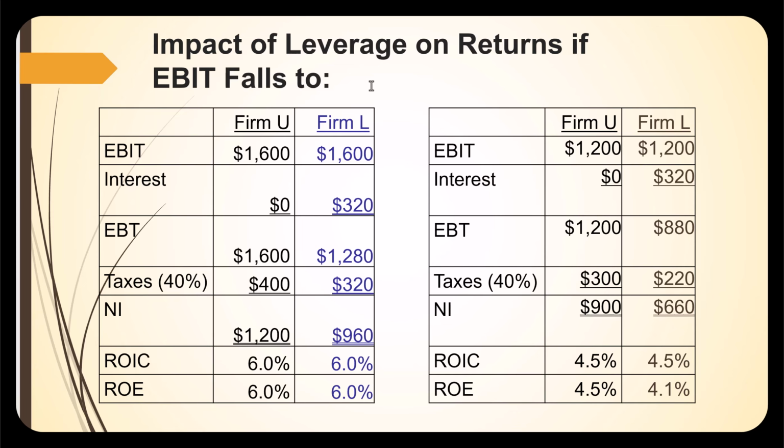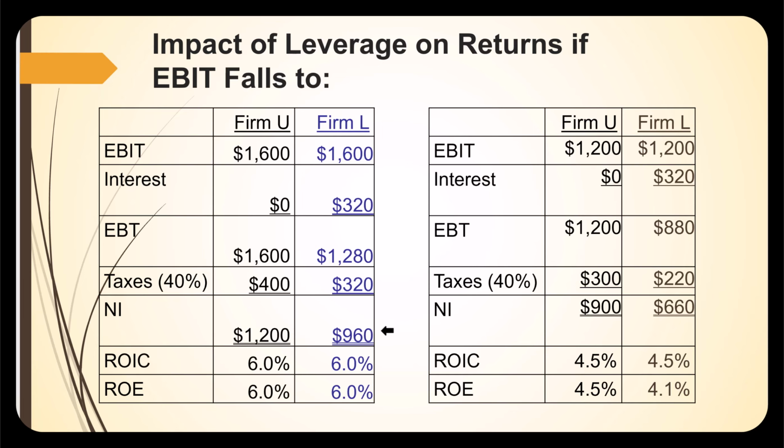What is this impact then on returns? How do these things relate? In that previous example, the EBIT was $2,400. So what if EBIT falls from $2,400 to $1,600? Interest is the same, but obviously EBIT is now less.